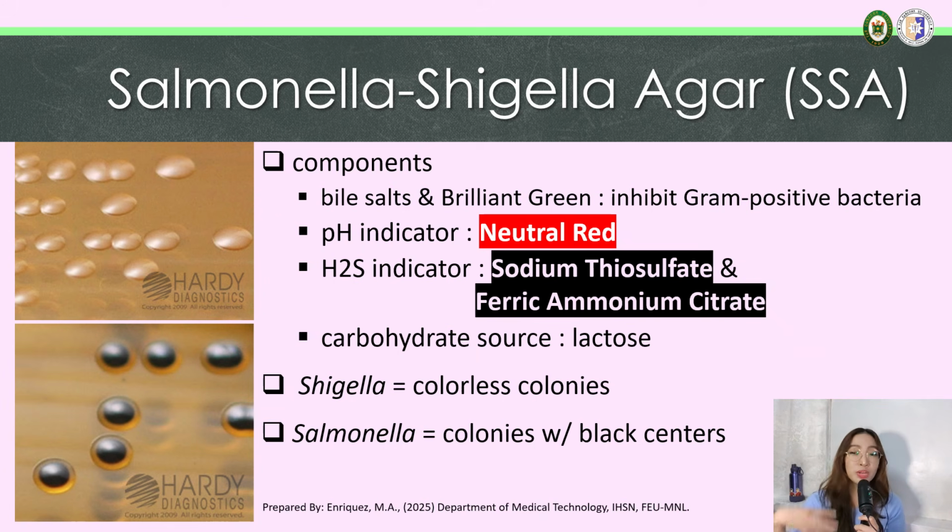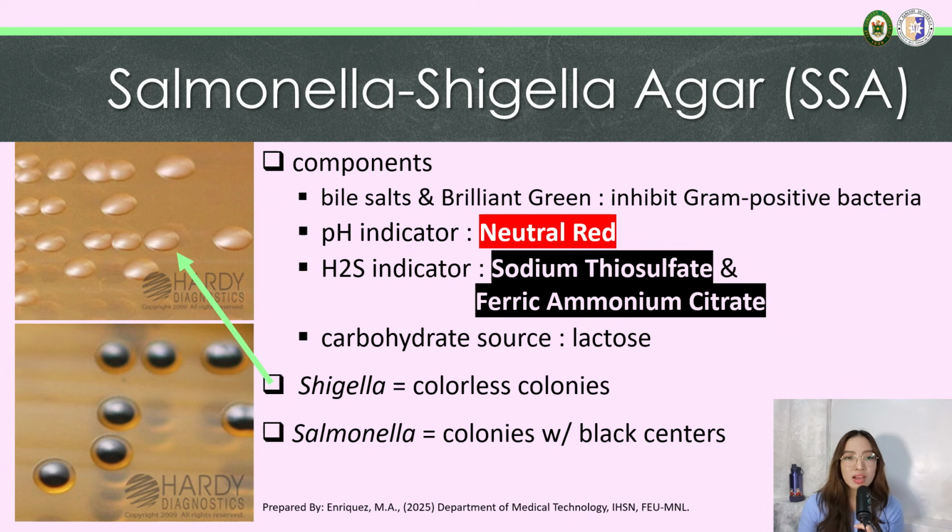Earlier we already explained repeatedly what the purpose of a pH indicator would be, but it also has a hydrogen sulfide indicator, which is sodium thiosulfate and ferric ammonium citrate. So it's going to show us if the organism produces hydrogen sulfide. And as for its carbohydrate source, it contains lactose. So Shigella species would be able to produce colorless colonies.